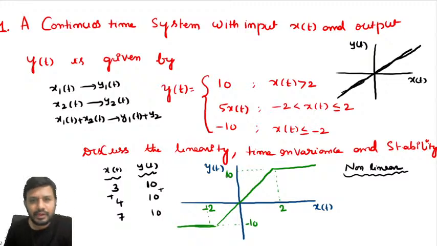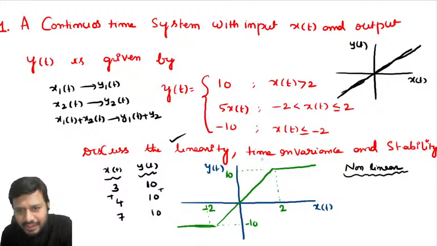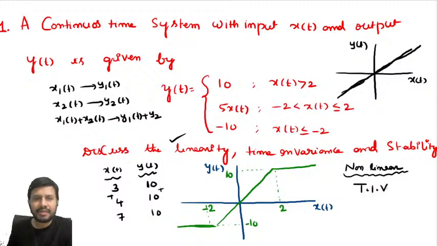Okay. Now next, so linearity is completed. Time invariance. So shift in the input is equal to shift in the output. And the procedure what I gave you, follow that one. You will get this as time invariant only. Very simple, you can easily check. First delay the input, after that delay the output.